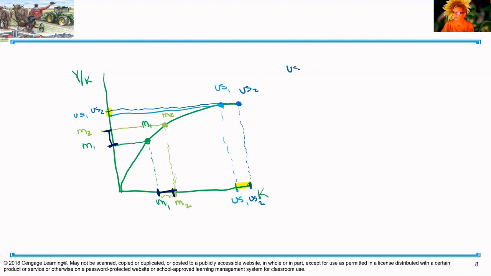Because the US already had considerable resources or machinery, then the gain or the growth that they get from that investment is relatively low.